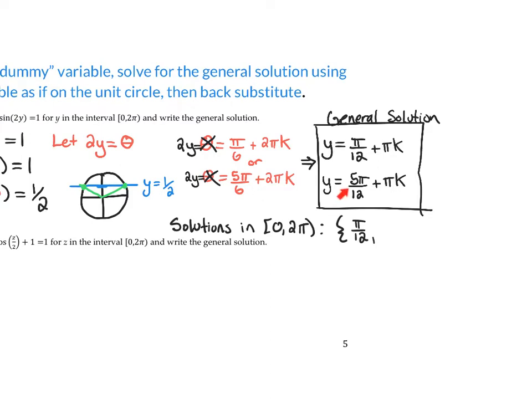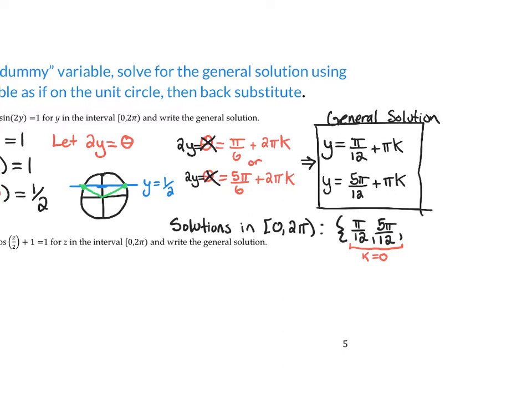My next particular solution is 5 pi over 12, and that's again not adding on a pi k. Okay, now the next solution, these two solutions correspond to k equals 0. These aren't really coterminal anymore, they are within one period of the function.